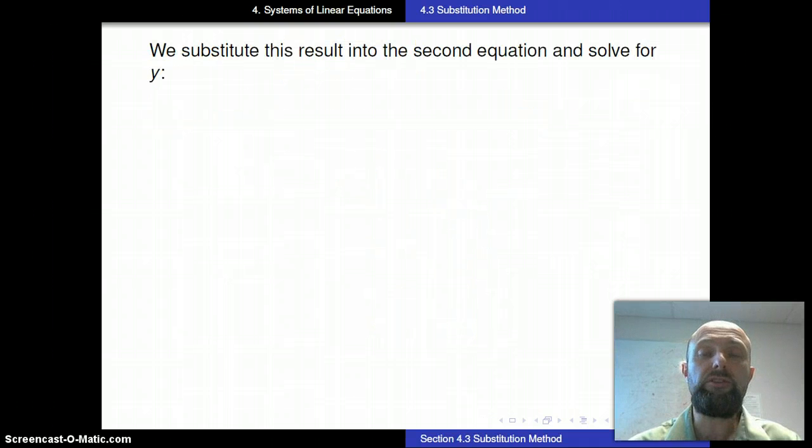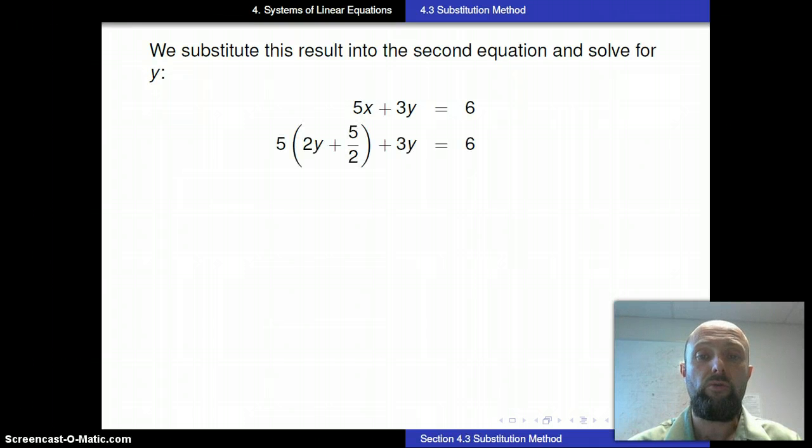We substitute this result into the second equation and solve for y. 5x plus 3y is 6. We replace x by 2y plus 5 over 2. We FOIL out the parentheses and simplify. We can already collect the like terms, 10y plus 3y, and we simplify 5 times 5 over 2.